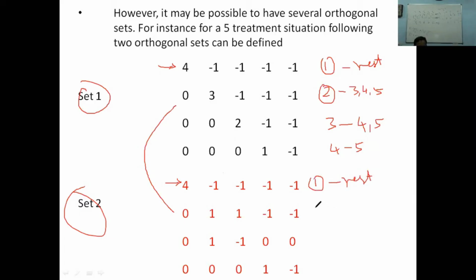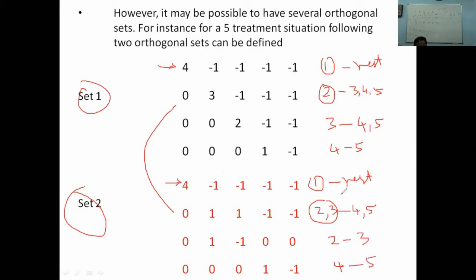This is 2 and 3 versus 4 and 5. See, this is different from this, isn't it? Then the next one is 2 versus 3. The next one is 4 versus 5.